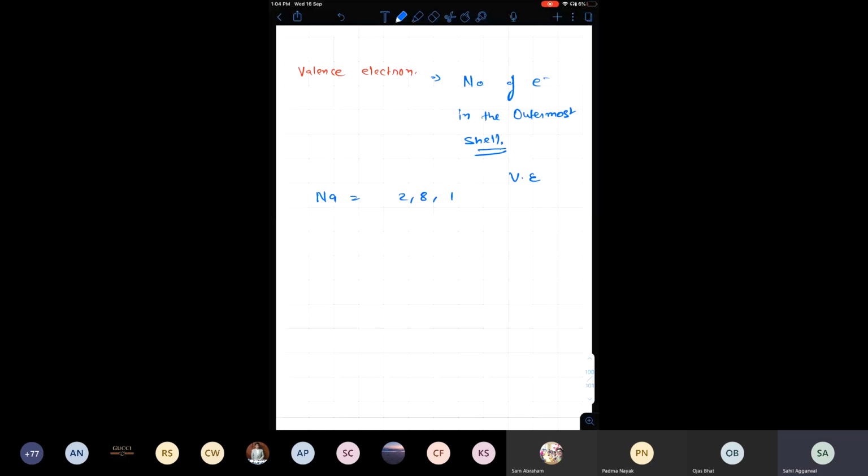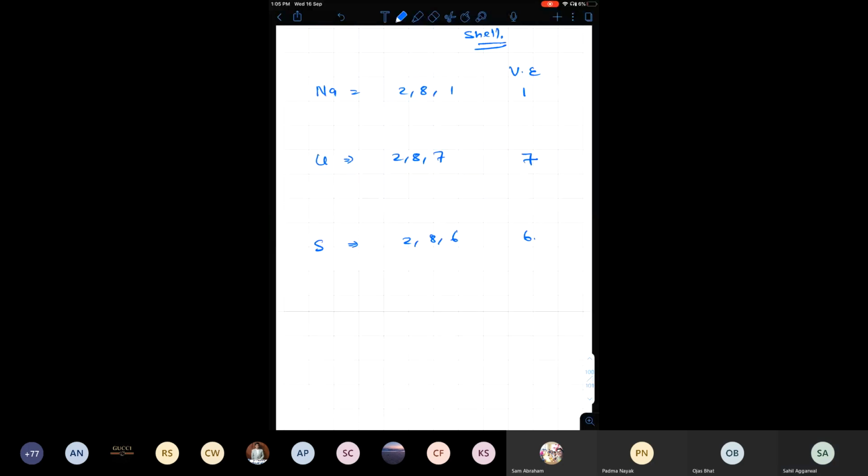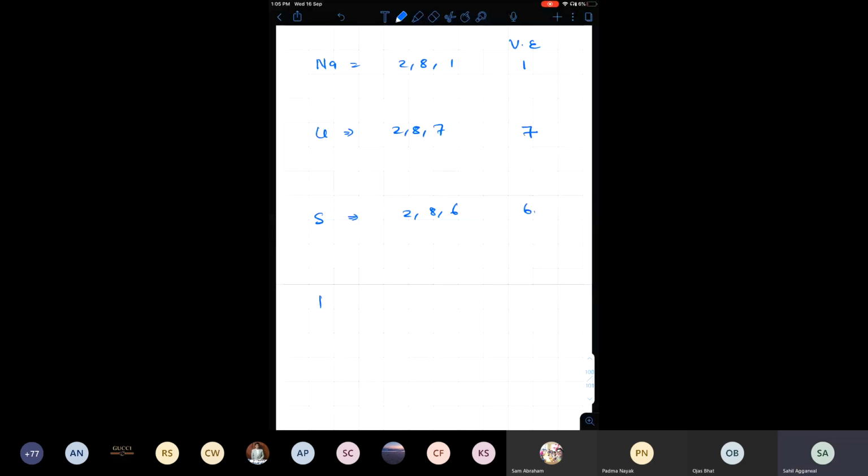So valence electron is 1. Like chlorine, it's 2, 8, 7. So it is 7. Sulfur, 2, 8, 6. So it is 6. Nitrogen, 2, 5. So it is 5.